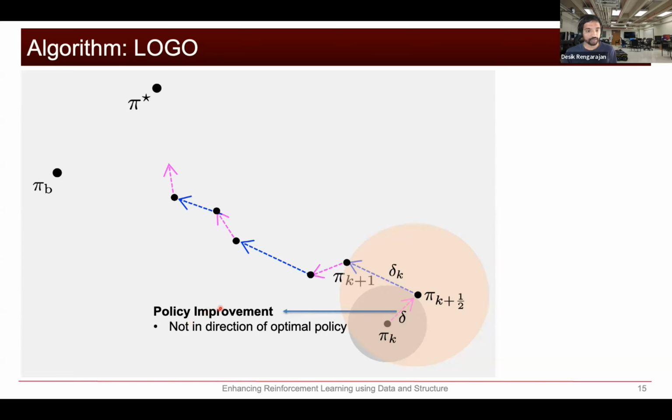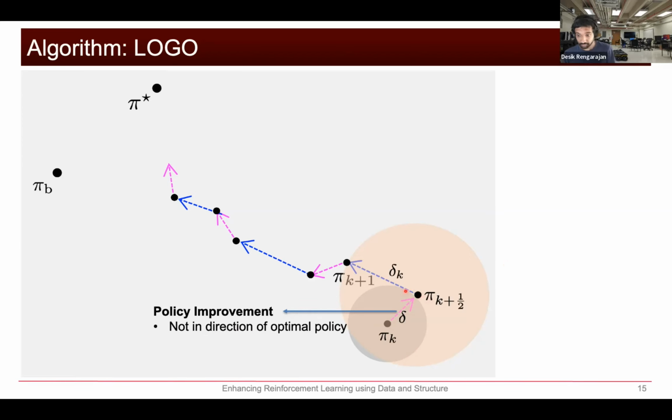Because of the sparsity of the environment, this policy improvement may not be in the direction of the optimal policy. Here pi star is our optimal policy, and pi b is the behavior policy, or the policy that generated the demonstration data. So the policy improvement may not be in the direction of the optimal policy because of sparse rewards.